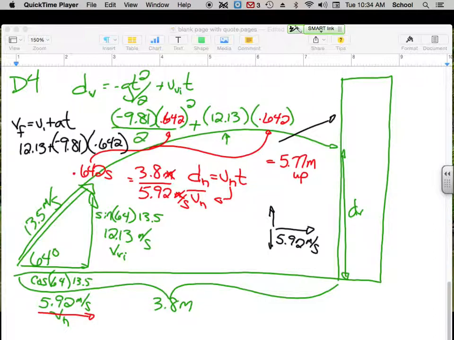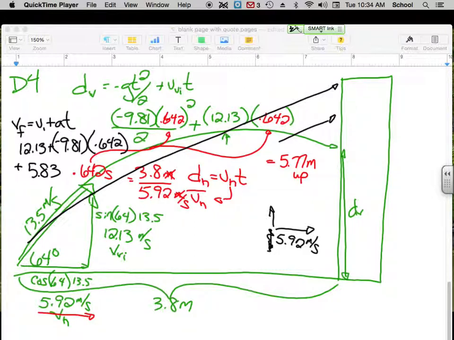If I get a negative velocity here, then I'm headed down. So I end up with a positive 5.83, so that means I'm going up, not down. So my picture's bad because it was still going up when it hit and splattered.